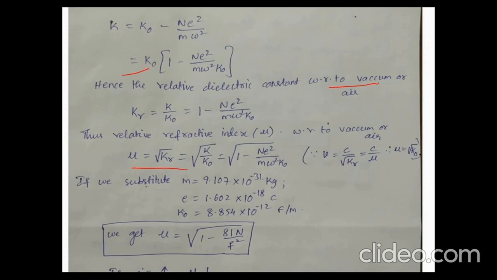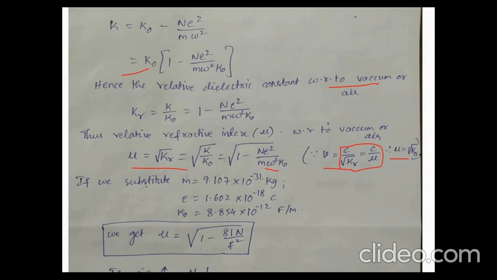Velocity is C by root Kr, which is also C by mu. When you equate these, mu is root Kr. So if you substitute Kr inside the root, it becomes the square root of 1 minus ne square by m omega square into K naught.